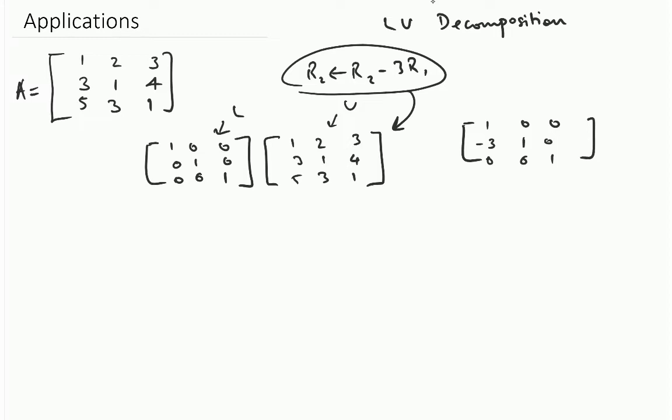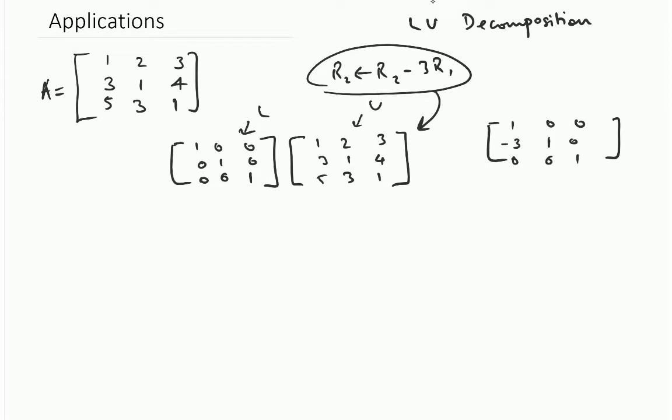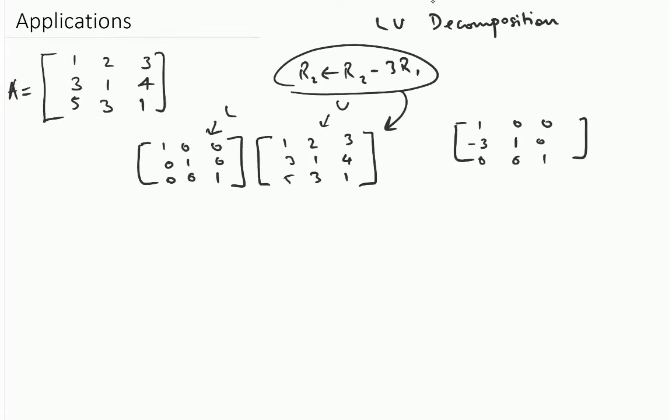So all we do is pre-multiply this matrix with 1 0 0, minus 3 1 0, 0 0 1, pre-multiplying 1 2 3, 3 1 4, 5 3 1. When you perform this operation, it's nothing but R2 goes to R2 minus 3R1.